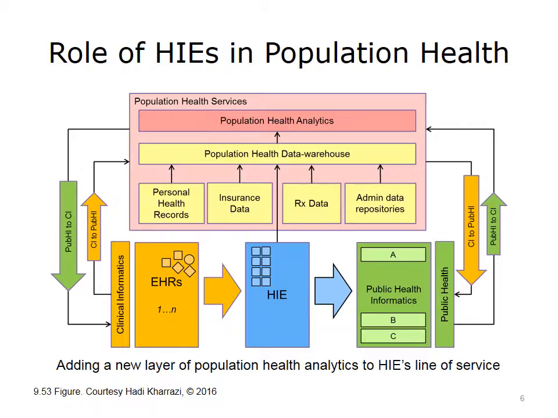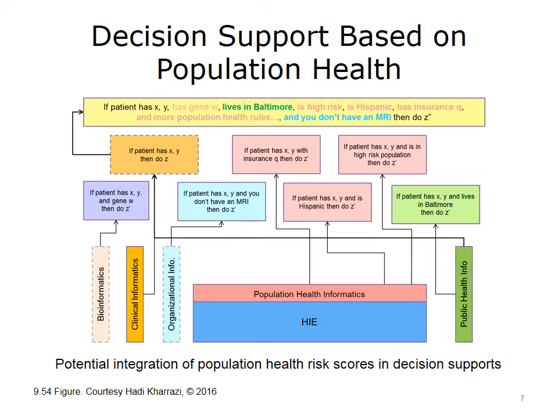As depicted in this diagram, HIEs can play an important role in population health analytics in addition to providing clinical or traditional public health services. Also, as depicted in this diagram, various data sources can be added to the existing data at an HIE to empower the predictive power of population health models such as PHRs, insurance data, pharmacy data, and other administrative data repositories.